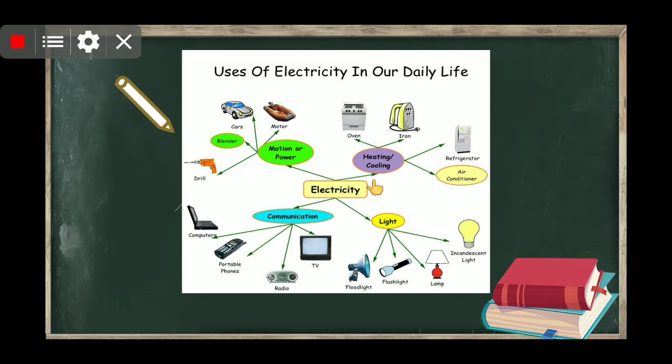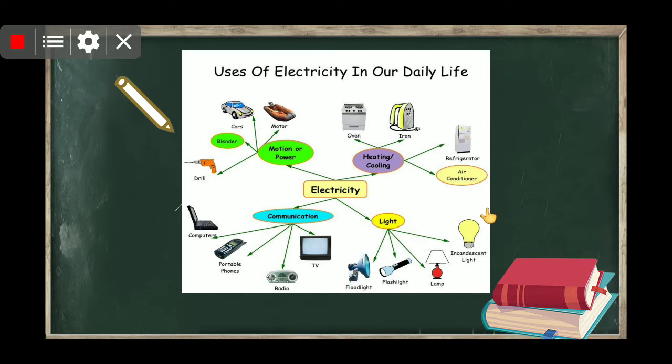As we can see through this picture, electricity is very important in so many sectors. It is required for running cars, for the headlights, for running the microwave, for ironing your clothes, for running refrigerators, for lighting the bulb, for running television, for charging your mobile phones and laptops, and to run drill machines.